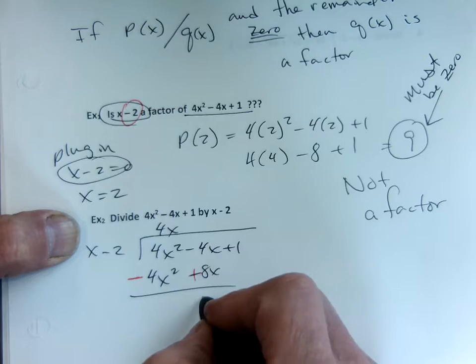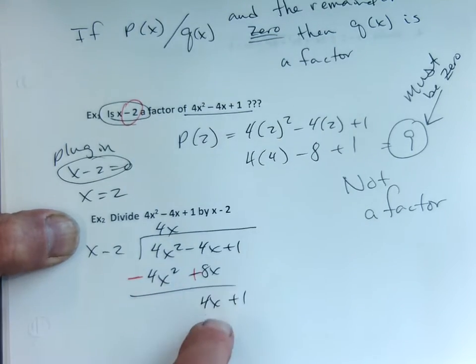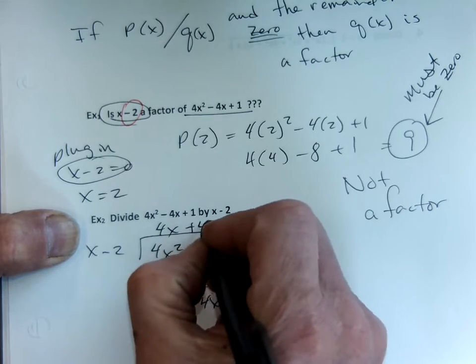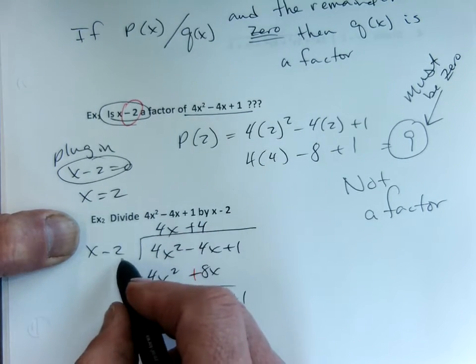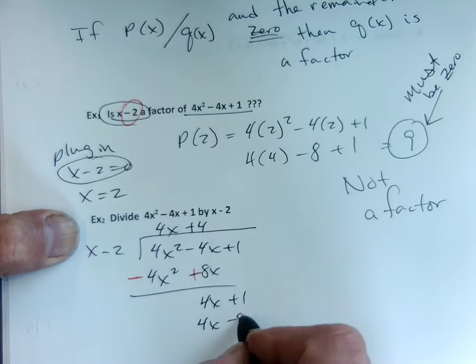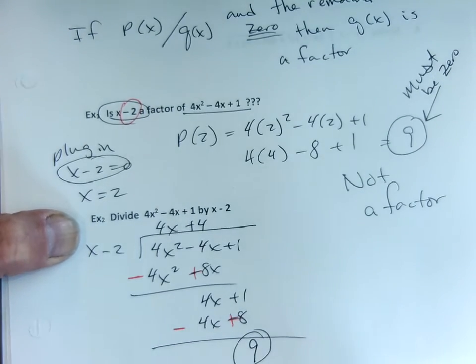I'll get a 4x. Bring down my plus 1. X goes into 4x 4 times. I multiply. 4 times x is 4x. 4 times a negative 2 is a negative 8. I'm subtracting, so I change the negatives. Guess what my remainder is? 9.